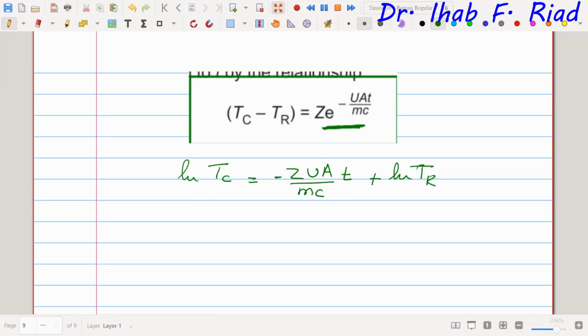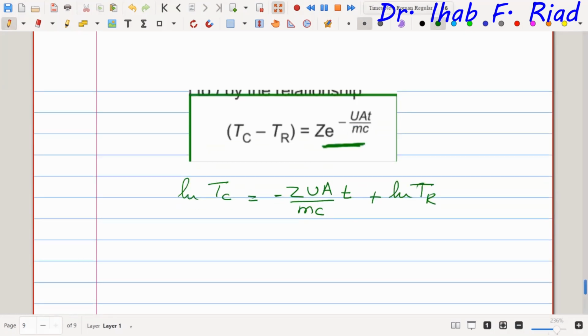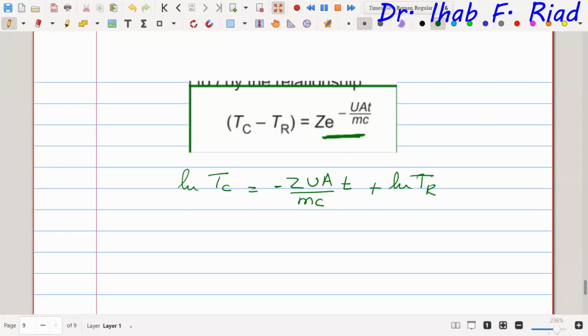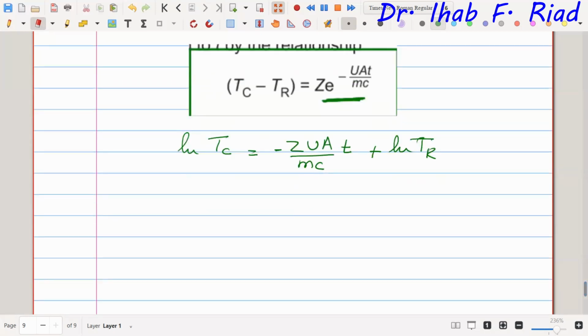So this is what you sent me, right? It is ln TC minus ZUA over MCT plus ln TR. Is that right? Yes. Okay, but this is not exact. Let us see why. What are we going to do? Apply ln to both sides, right?